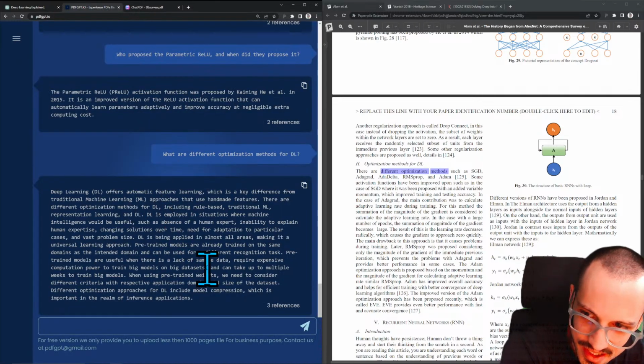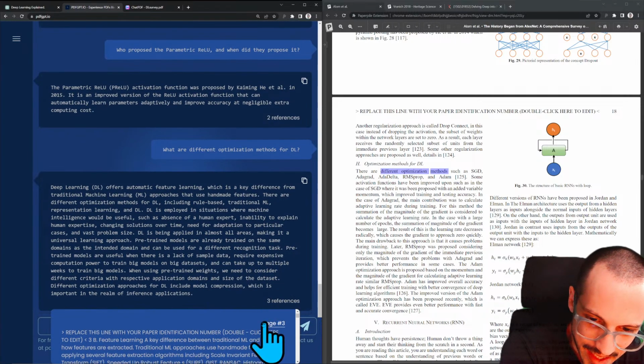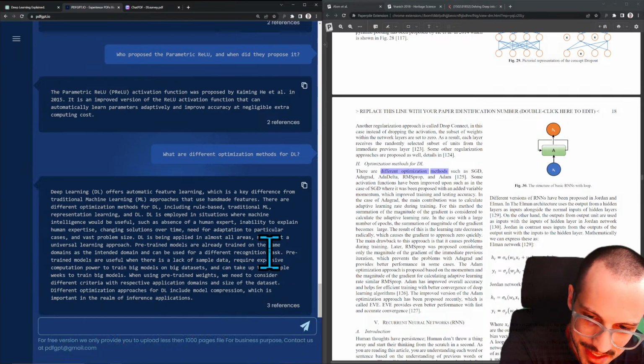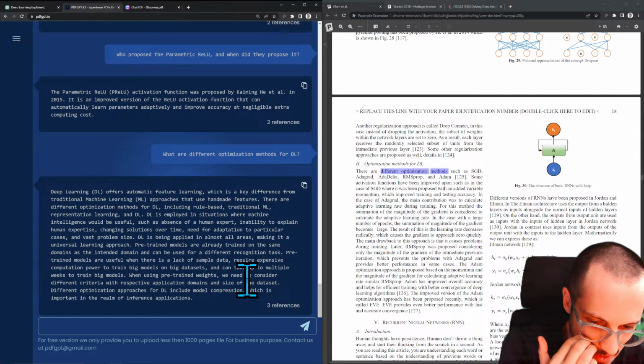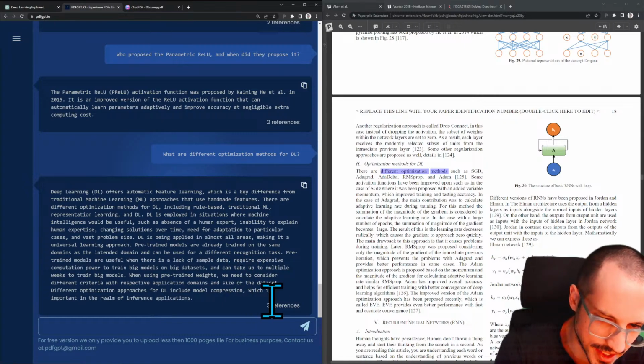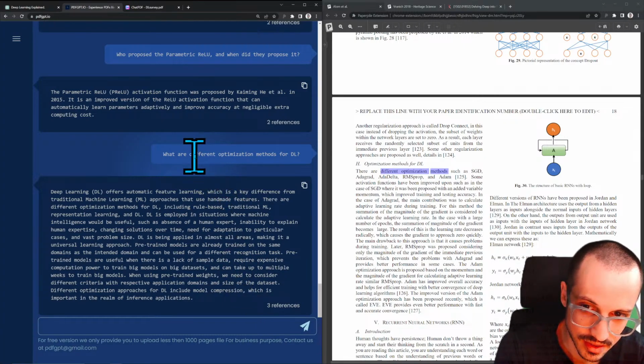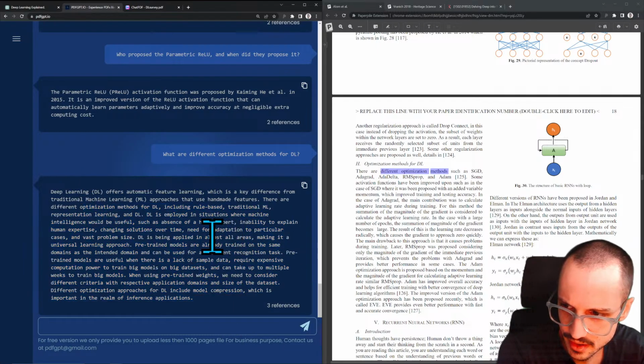But PDF-GPT gave us page 3 and page 5, which to me means that the similarity threshold is lower. It basically said, okay, as soon as I find something that's kind of similar to this, I'm just going to stop and then craft my answer around that.